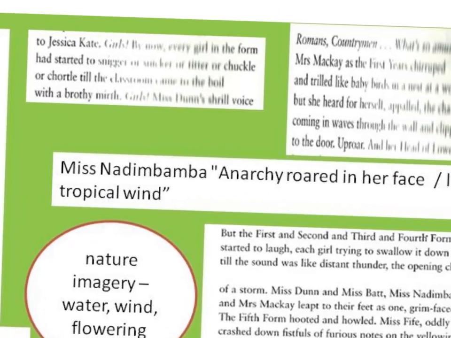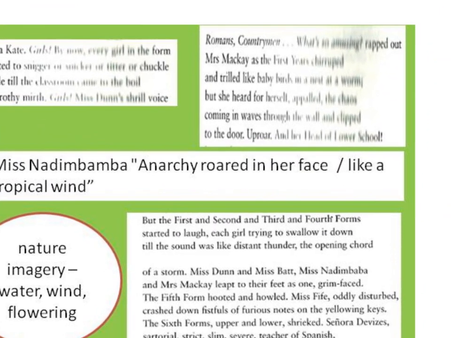Moving around clockwise here, more examples of this water imagery that we see on show. You have here "Mrs. McKay, listening to the chaos coming in waves through the wall." Interesting that we have symbolic barriers being broken down here, and you have the reference to chaos, an abstract noun.